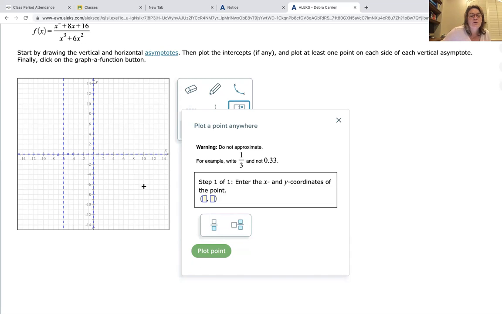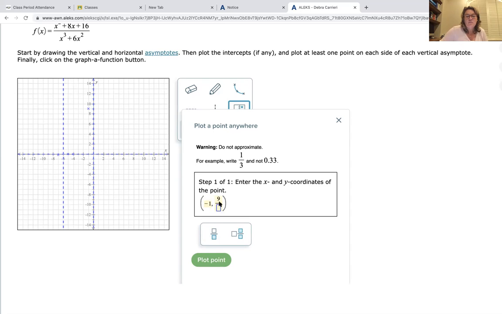Now let's pick x equals -1, another point closer to that second vertical asymptote. -1 plus 4 is +3, and 3 times 3 is +9. Then -1 squared is 1, and -1 plus 6 is 5.